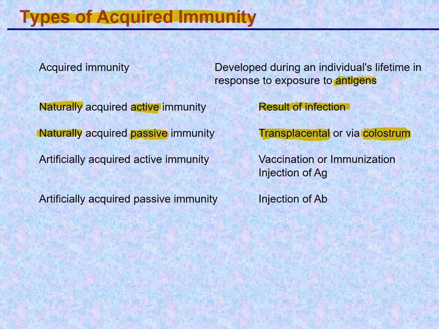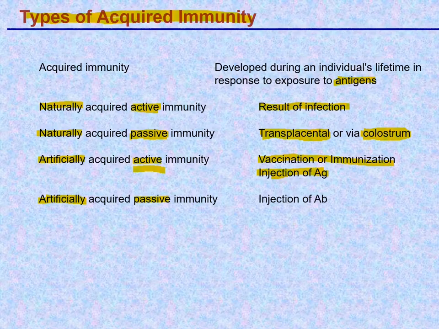Let's talk about another two types. There are two other types of acquired immunity. They're both artificial because they involve an injection, and that's not a natural process. And one is active and one is passive. Now remember that active processes involve activation of the individual's immune system. And in this case, that's what's happening when you get vaccinated or immunized. You actually get an injection of the antigen that's associated with a microorganism.